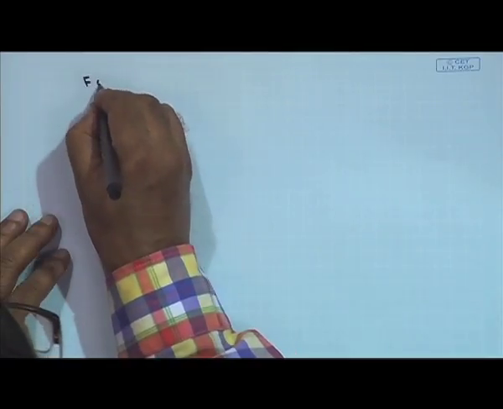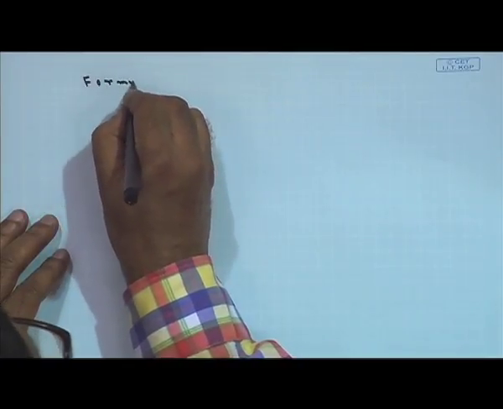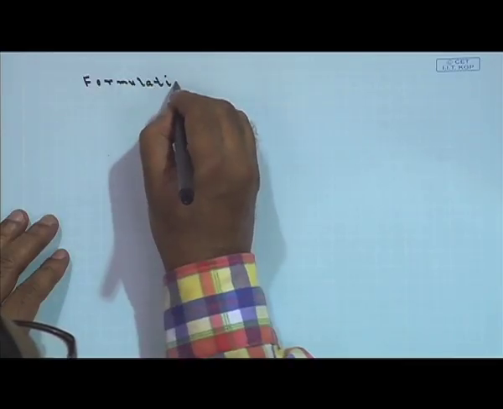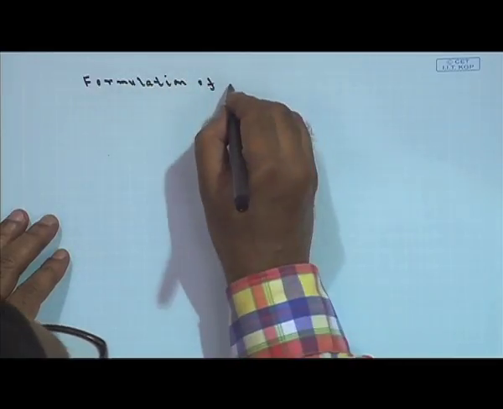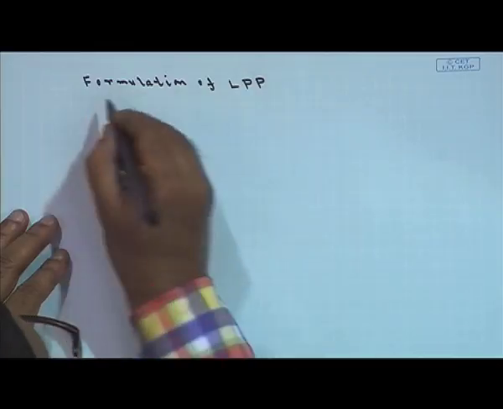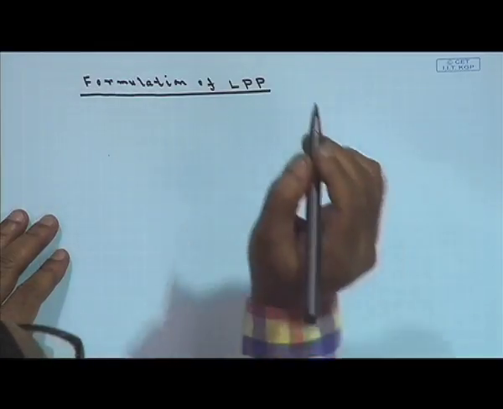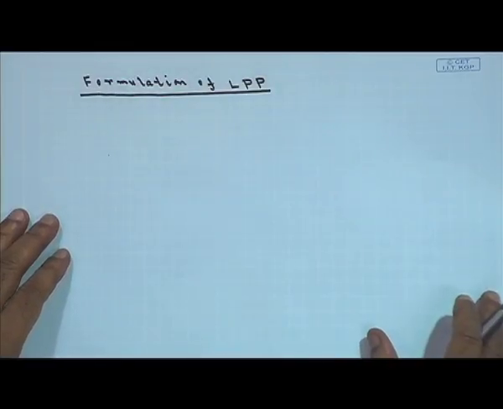Now let us come to the original thing, that is the formulation of a linear programming problem. In a linear programming problem, basically I have to take certain decisions subject to certain constraints. Suppose I want to set up one factory.